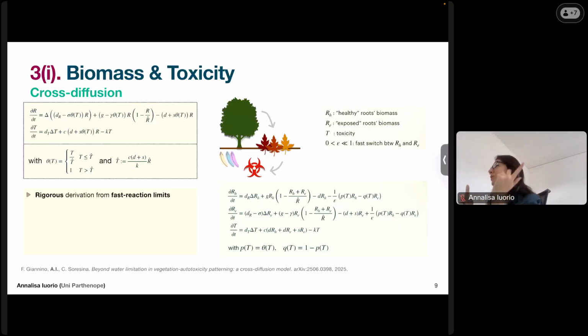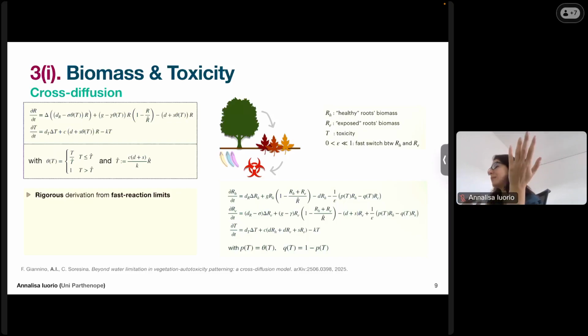The second one, what is the role of water in this cross diffusion model? Since we are neglecting it, the idea behind this project was that, okay, if we see some kind of patterns in nature that are also in environments where water is not a limited resource, can it be that what drives these patterns is something else and not the fact that they have to optimize water?